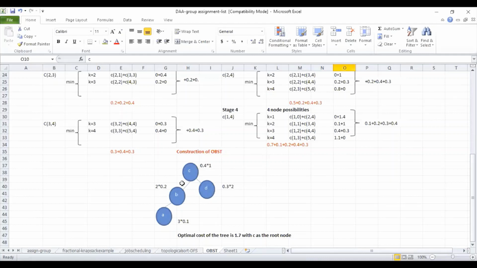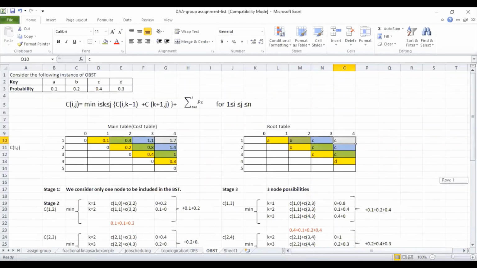To the left of C, we have 2 values A and B, but we have a contention as to which should appear as the root node of the left subtree, either A or B. So in order to find out the optimal among A, B, which are the keys with the values 1 and 2, we have to consider 1, 2. When 1 and 2 are considered as nodes to be included in the tree, what would be the optimal one? B is the optimal one.